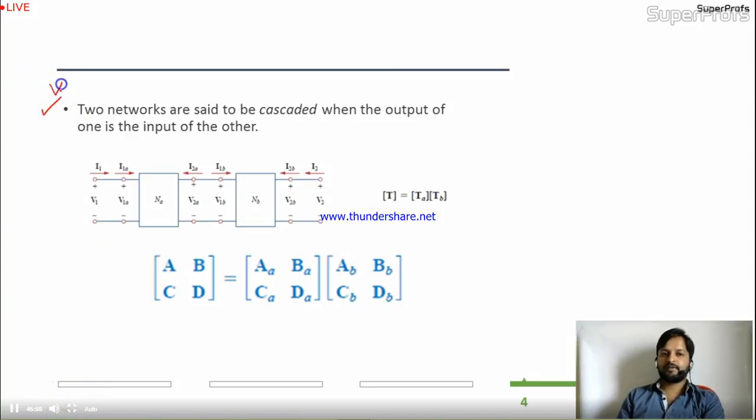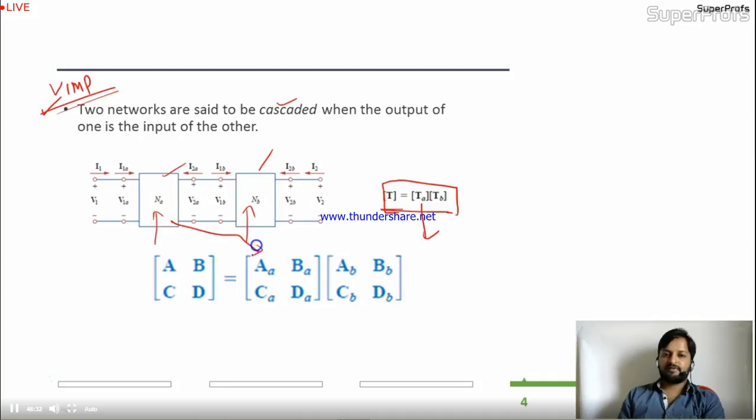Very important. Two networks are said to be cascaded when the output of one is the input of the other. See, the output of this is behaving as the input of NB, like this, and if the networks are connected in such a way, the T parameters can be multiplied in matrix form.